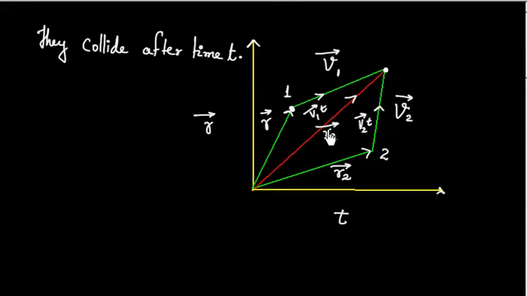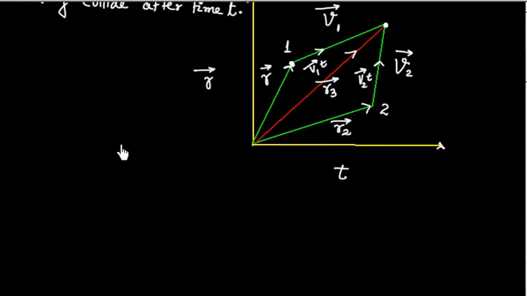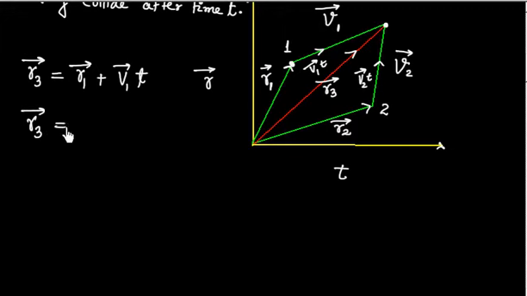We can calculate r3 in two ways. I can use this triangle to find r3, or I can use that triangle. So r3 is equal to r1 plus v1 into t, this is one, or using the other triangle, r2 plus v2 into t.